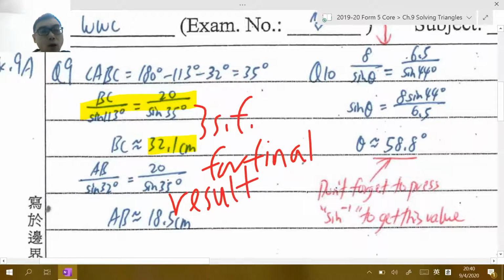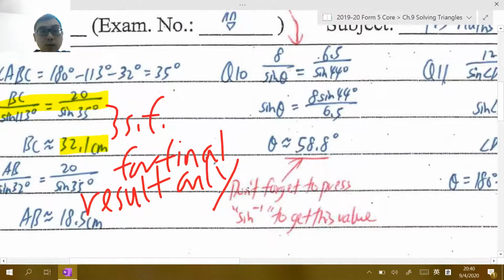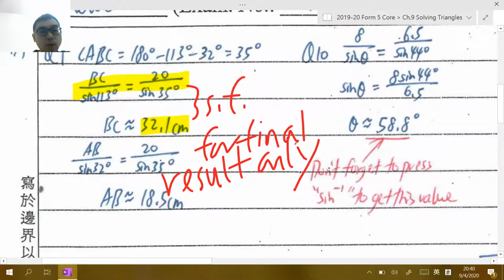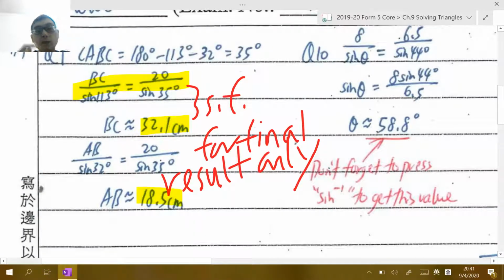No matter what value you have got, you should check whether it is the final result or an intermediate result. In this question, both BC and AC are your final results, so you can just keep 3 figures.